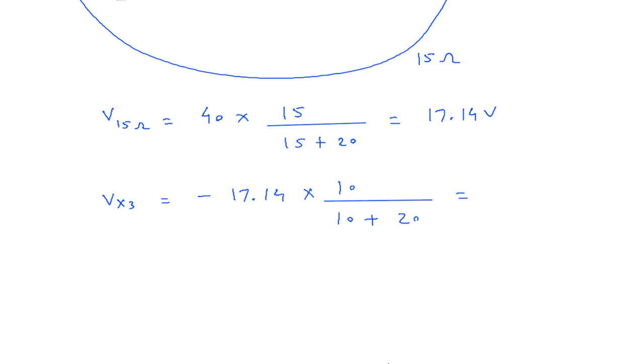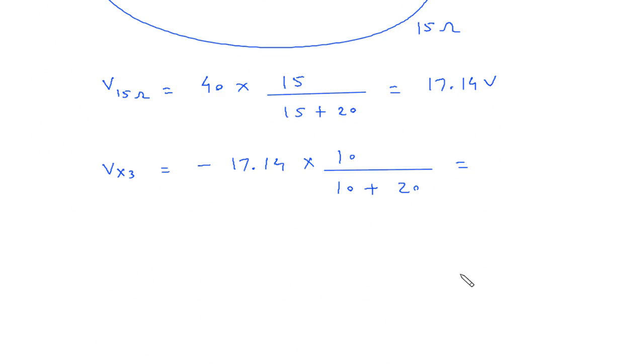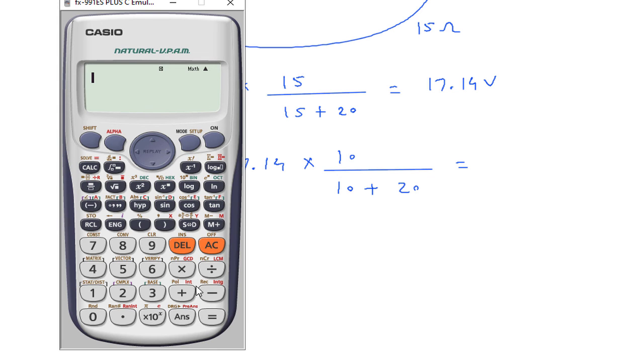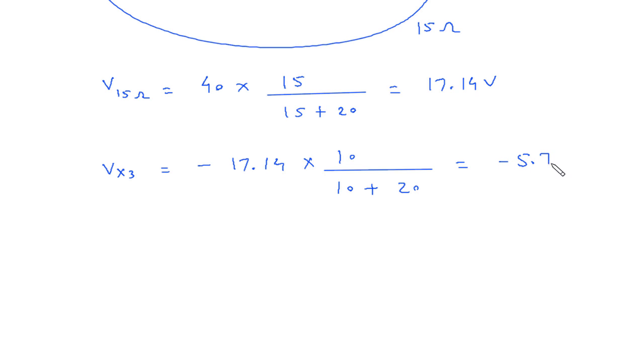So this will be minus 17.14 into 10 by 30, which is minus 5.71 volt. This is the value of Vx3, minus 5.71 volt.